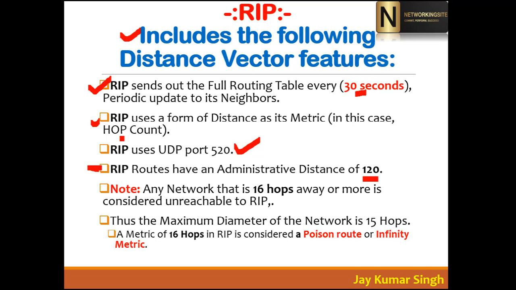Suppose my router is using RIP. Maybe I have three cars: one is the RIP car, the second is the EIGRP car, and the third is the OSPF car.